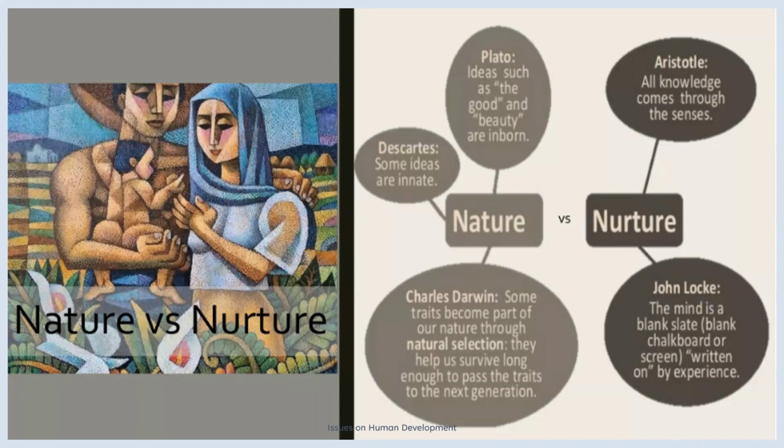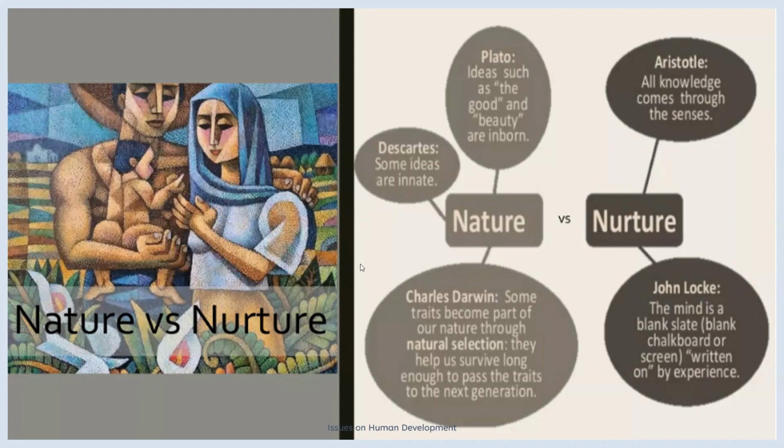Instead of defending extreme nativist or nurturist views, for instance, most psychological researchers are now interested in investigating how nature and nurture interact in a host of qualitatively different ways. For example, we have epigenetics, which is an emerging area of research which shows how environmental influences affect the expression of genes.